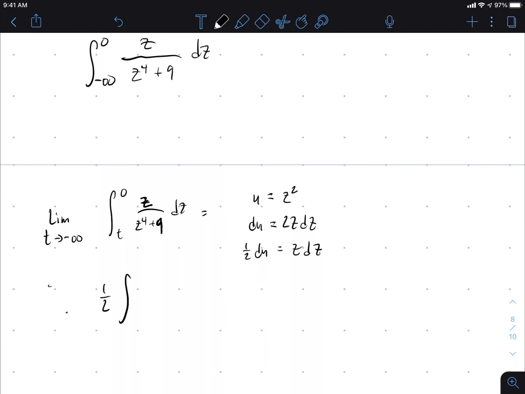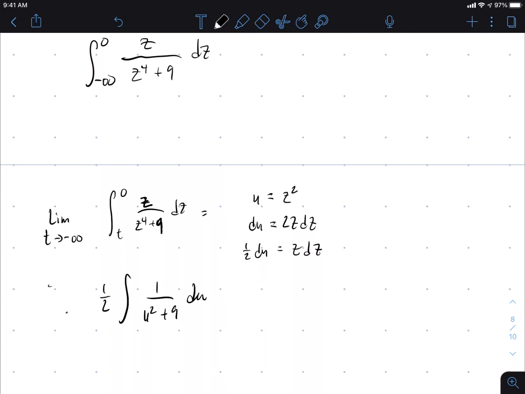The z dz is going to go away, so that's going to be du. Don't I get 1 over u squared plus 9 du? Yes?